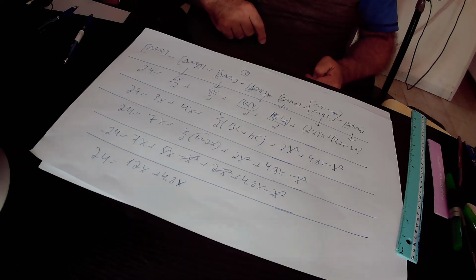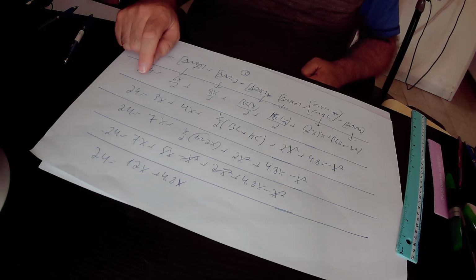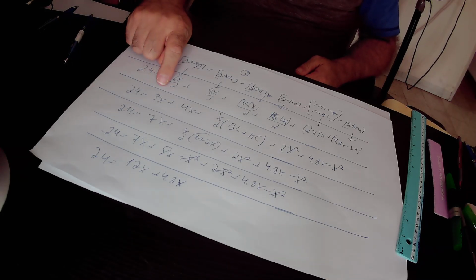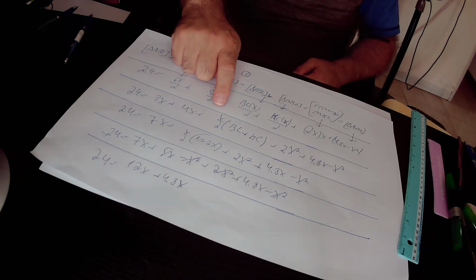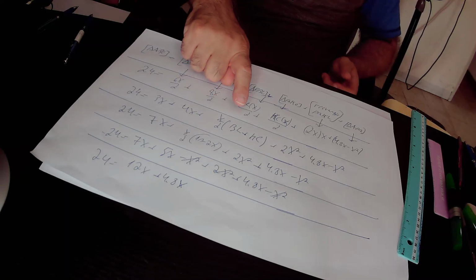So we continue to simplify this expression. 24 equals 3x plus 4x, which is 7x, and then x over 2 times BL plus KC.